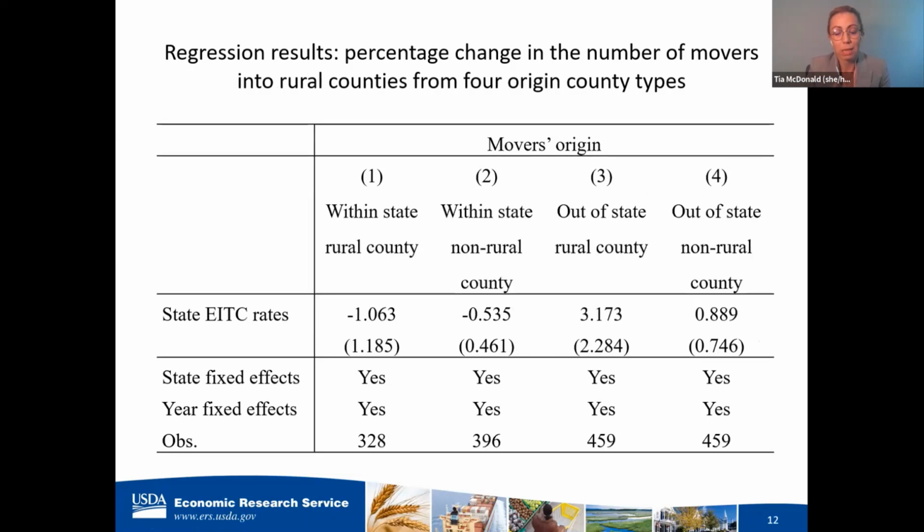Now, we don't see the same statistical significance in terms of movers into rural counties. Perhaps there's a greater search cost in terms of finding a job in a rural county. If you're moving state to state, it's probably easier to find a job in an urban area. But there's something to really dig into more.